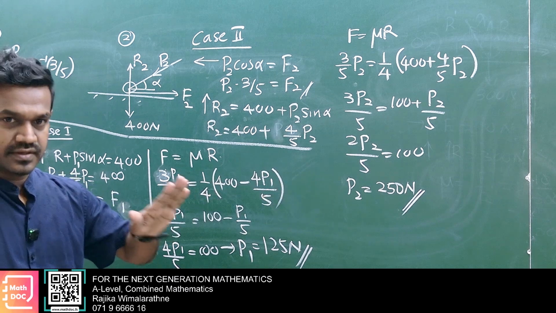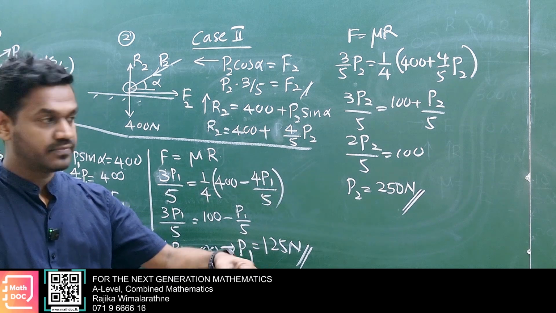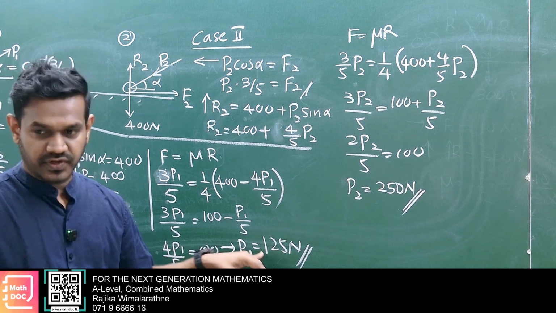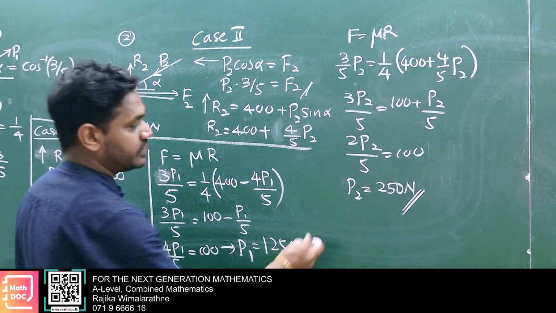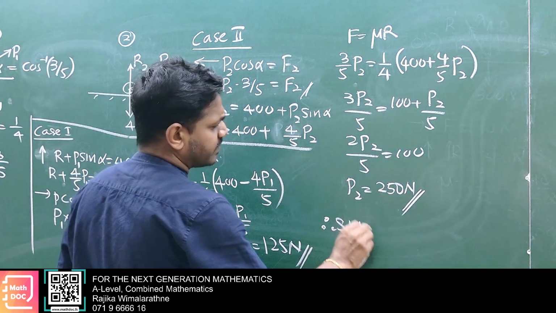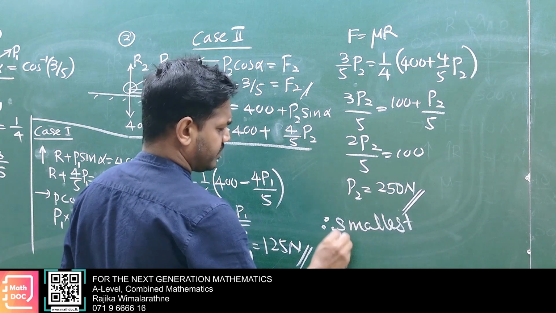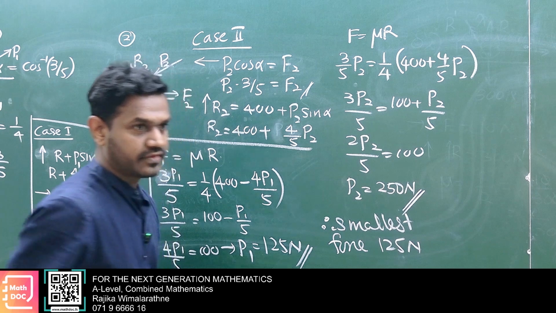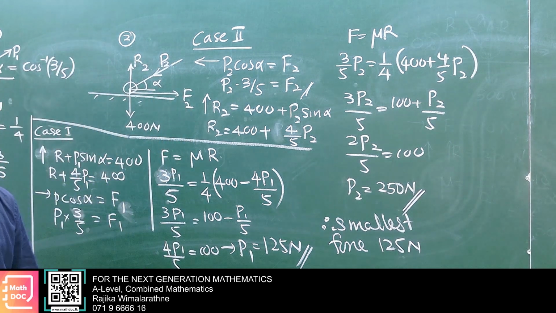Now when you consider case 2, it's somewhat hard to move. Pushing is somewhat hard, but pulling is easier than pushing. Therefore the smallest force required is 125 Newton. We have to pull it. Okay.